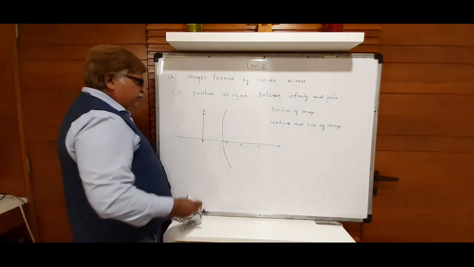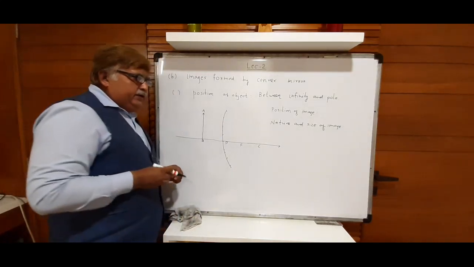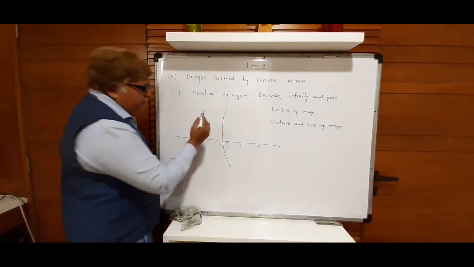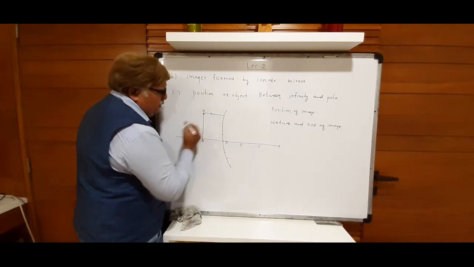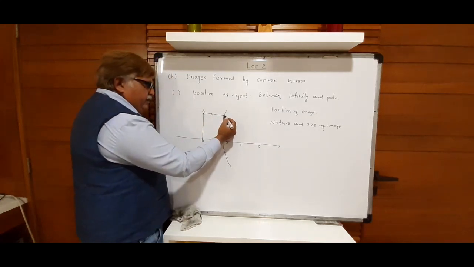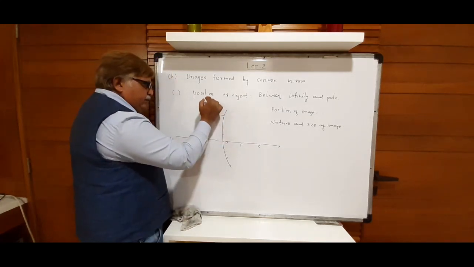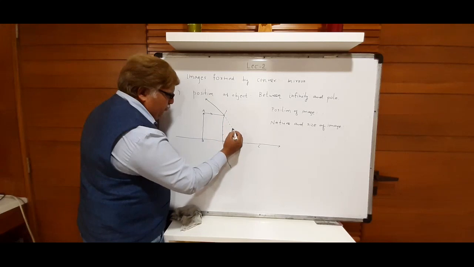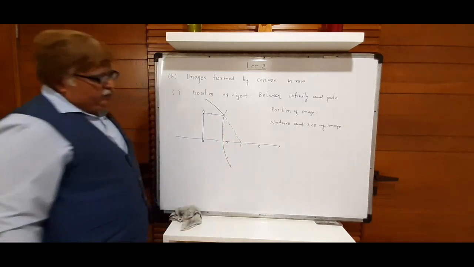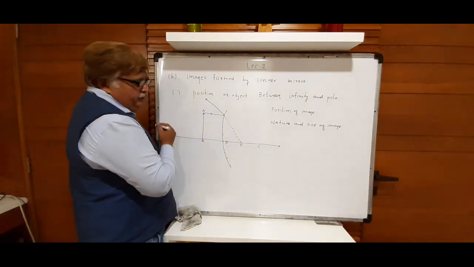Now let me try to explain which type of image is formed. The first ray, parallel, after reflection, as in the first diagram we have seen, will diverge, but when extended back will pass through focus. This is the first ray you should draw with me.